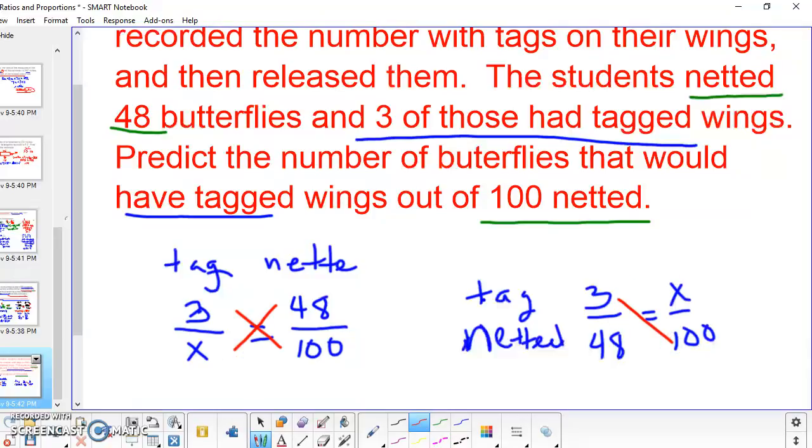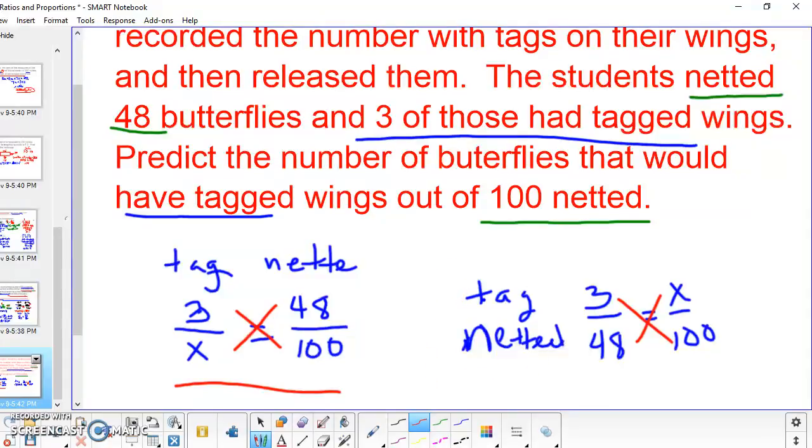So you're going to get the same thing no matter what. So there's really 4 main different ways that you can write this, because I could flip this one on the left upside down. x over 3 is 100 over 48. I could flip this one upside down. Those are the 4 main ways.